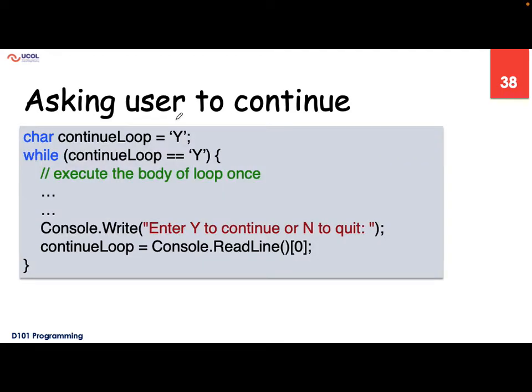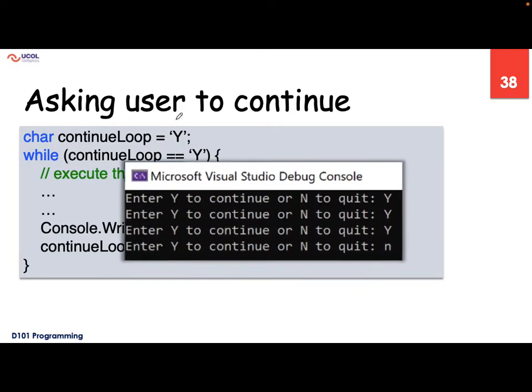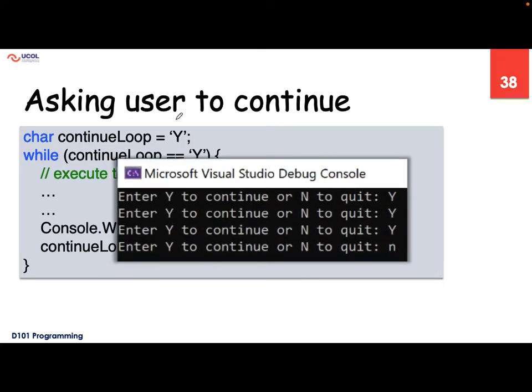So, asking the user whether to continue, yes or no. Again, based on that particular statement, we are going to execute the loop. Enter y to continue and n to quit. So when you say y, it will continue, otherwise it will stop. So y is a sentinel value.